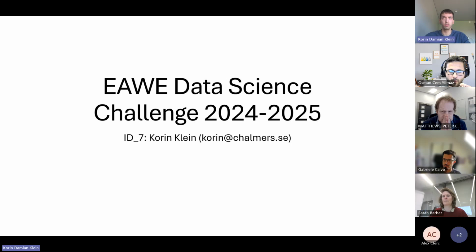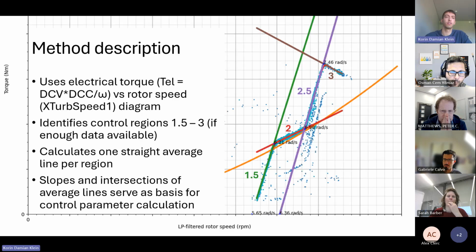Okay, so I am mainly focused on sub-challenges number 1 and 2. For that, I wrote a method or a code which focuses on the electrical torque versus rotor speed diagram we can see here in the background. I use the measurement values of the voltage and the current, as well as the low pass filtered rotor speed.